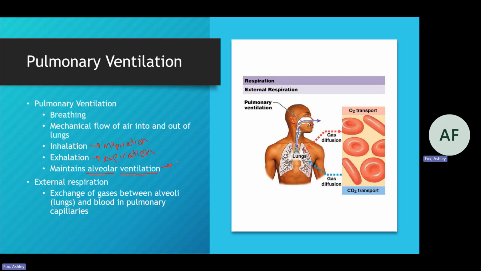So this is where we need gas to get down into, meaning oxygen, and get rid of carbon dioxide. So that's ultimately where we want the air to go down into, because then we can have the exchange happen there. So we want to maintain airflow.